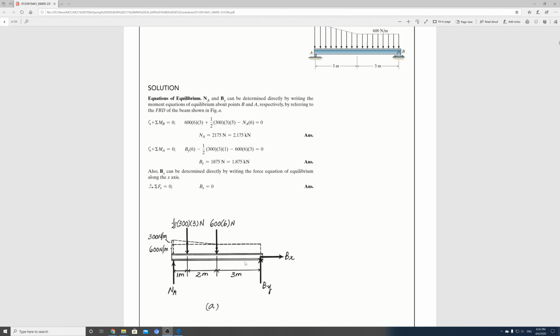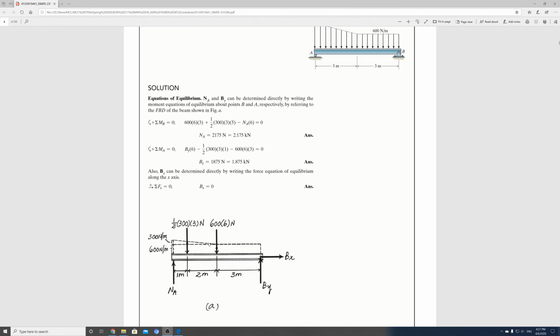Well, B_X, of course, is 0, and it doesn't add anything to this point anyway, since if you drew the line of action, it would go straight through A. So now writing this equation, this one causes counterclockwise rotation about A. So B_Y times the 6 meters, and that's what we have here.